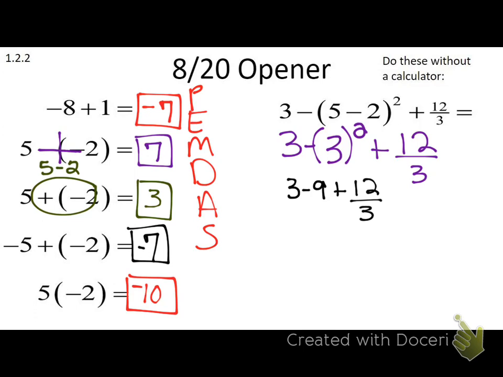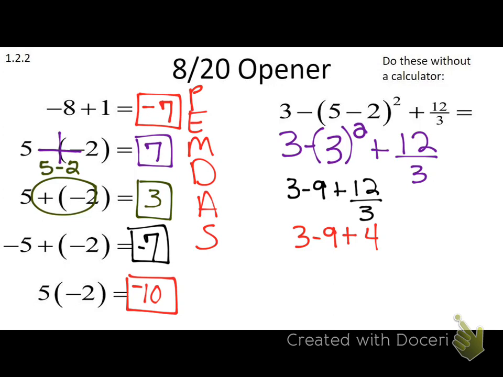So now I've done parentheses and exponents. Now I'm going to see if there's any place that I can multiply and divide. I do those at the exact same time, going left to right. Are we going to do dividing next? We are going to do dividing next. Where's my division? 12 over 3. What does that equal? So I'm going to rewrite. Now I'm left with two operations.